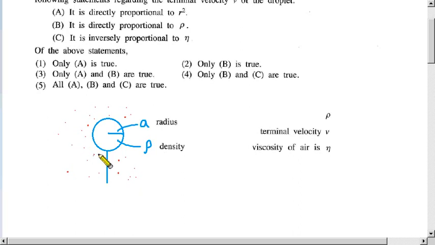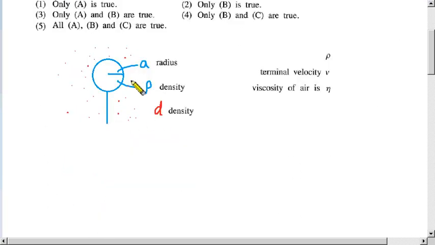The density of the medium we denote by d. Here rho is greater than d, that means the density of this ball is greater, so as soon as we drop it into water, it moves downwards, because mg is greater than the upthrust given by the medium, water.